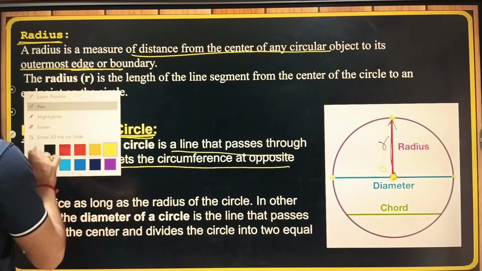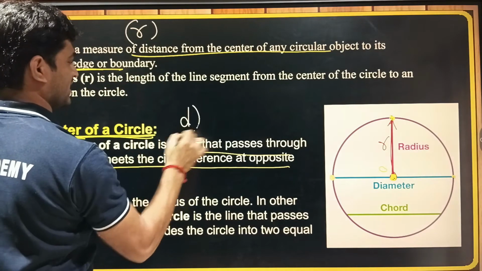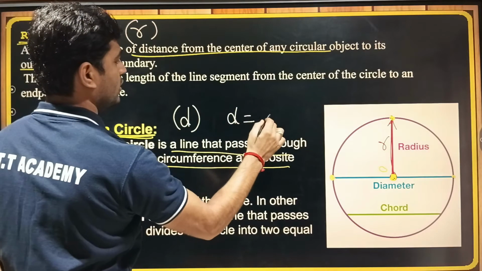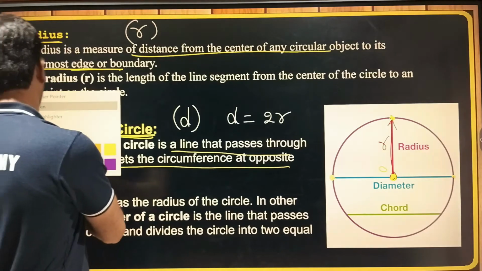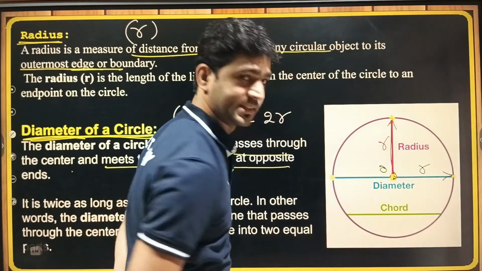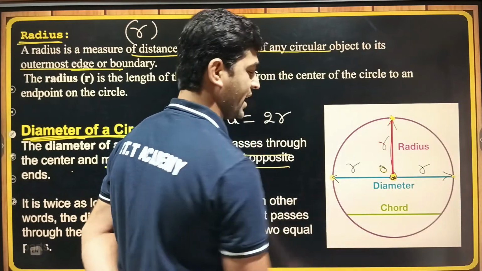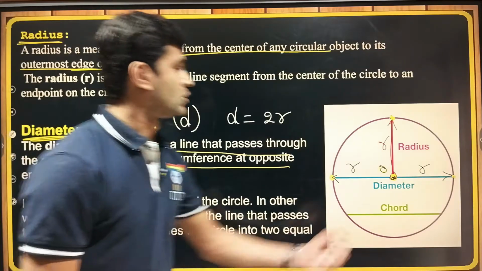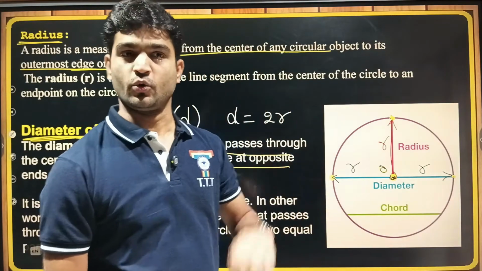Just observe here, where the radius is R and the diameter let's consider as D. The D will be 2 times R. Agree? Suppose from this point O to here, that also we can consider as a radius. And from this point to here, that is also a radius. So one radius here and another radius, radius plus radius, there are 2 radii.